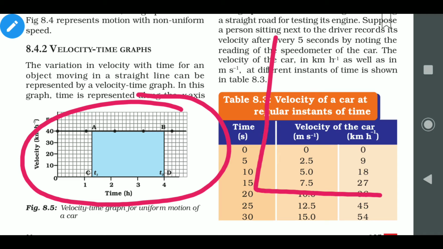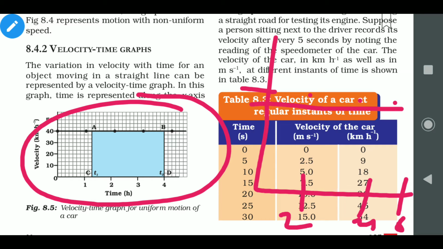Since velocity is 40 km per hour all the time, at t equals 2, t equals 4, t equals 6, the velocity is always 40 km per hour. When we join these points, we get a straight line parallel to the time axis.